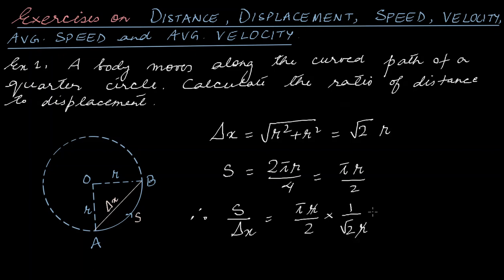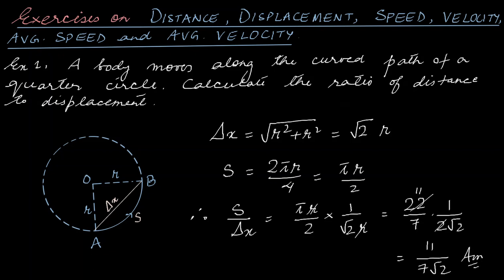This r and this r will cancel, and pi here is 22 by 7, times 1 by 2 root 2. Basically this will be 11, so you have 11 by 7 root 2 as the answer.